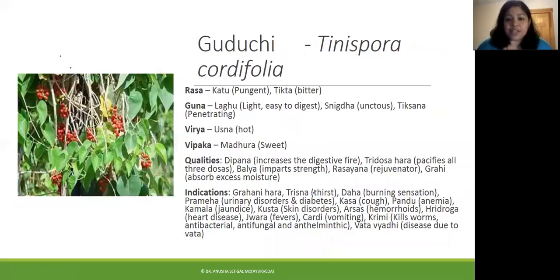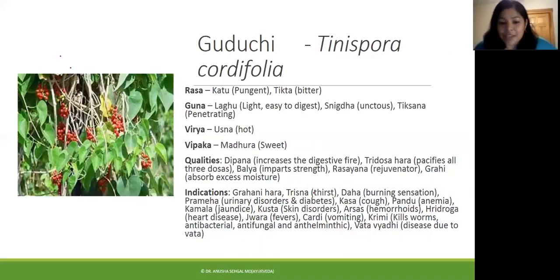And the last is guduchi, and we had talked a little bit about this in one of the other classes, where we looked at the calcium content. So this is a very strong alkaline drug, herb, naturally alkaline in nature. And because of its high calcium content, it works very well in reducing that burning sensation.